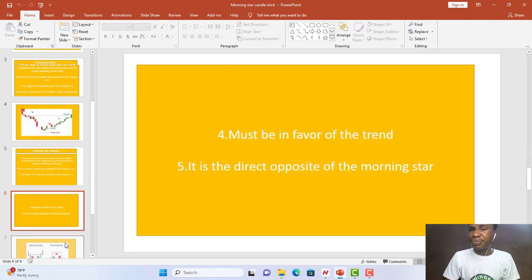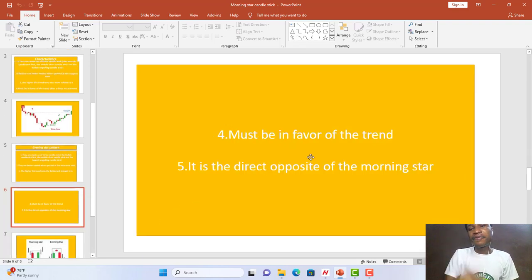Not only that, it must be in favor of the trend for you to judiciously use it. That is spotting it at the retracement level for the confirmation. But being in favor of the trend is not a must. You can also use it as an exhaustion for an uptrending market, depending on your analysis and the rest.